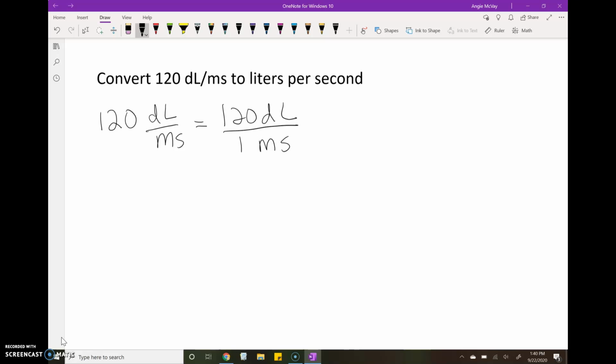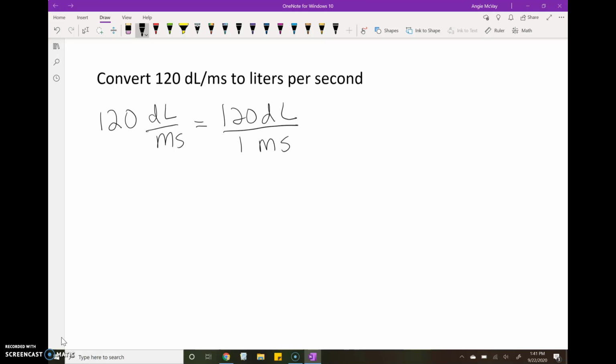Our goal here is to strategically convert deciliters and milliseconds into liters per second. We can imagine we've got some water flowing out of a little tube, and we want to know what it is in liters per second.